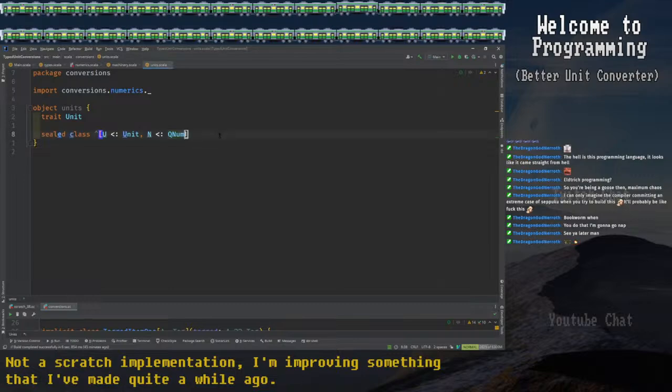I now have to figure out how would I deal with unit exponentiation? How do I do this? God, this is cursed as fuck.